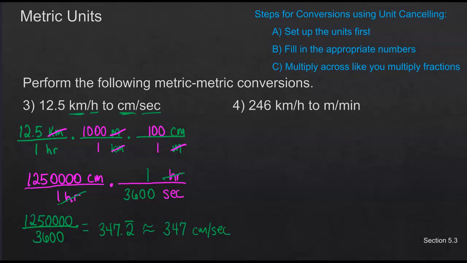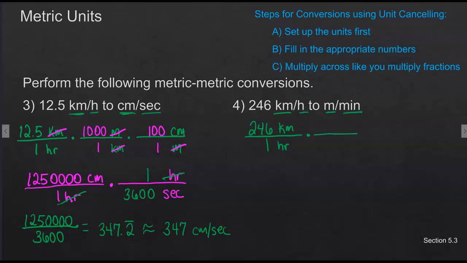So on this one, we're going from kilometers to meters, and then we're going from hours to minutes. So we have to convert a couple of different things. So we just start out with 246 kilometers in 1 hour. Notice I'm going ahead and putting the HR, just to remind you, though the H is fine if you just want to use that.